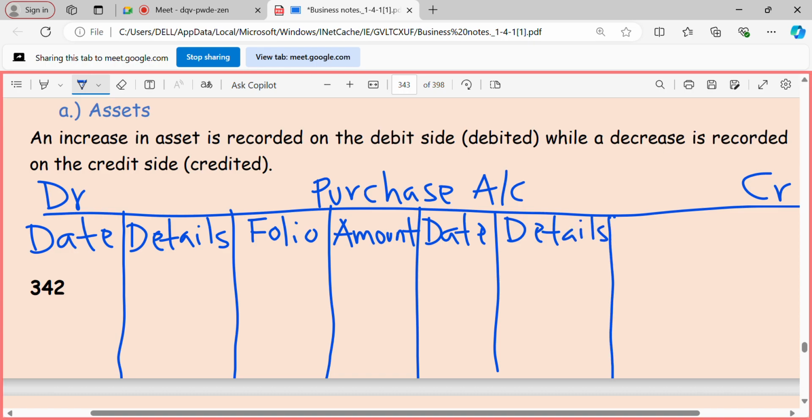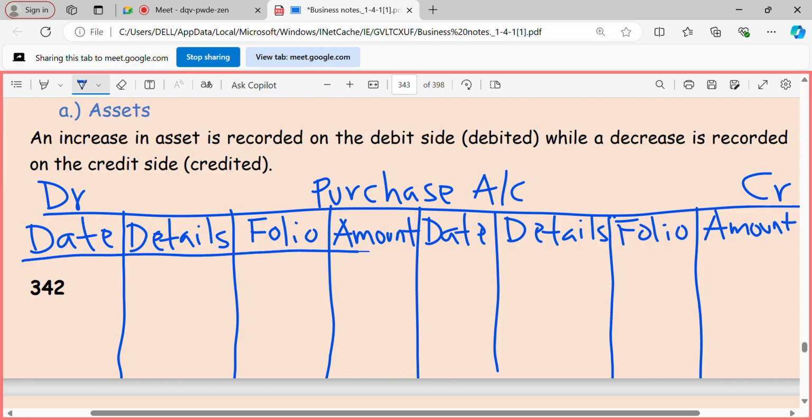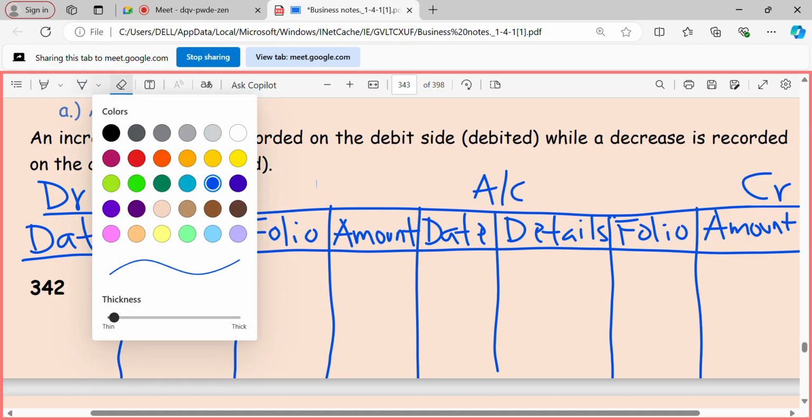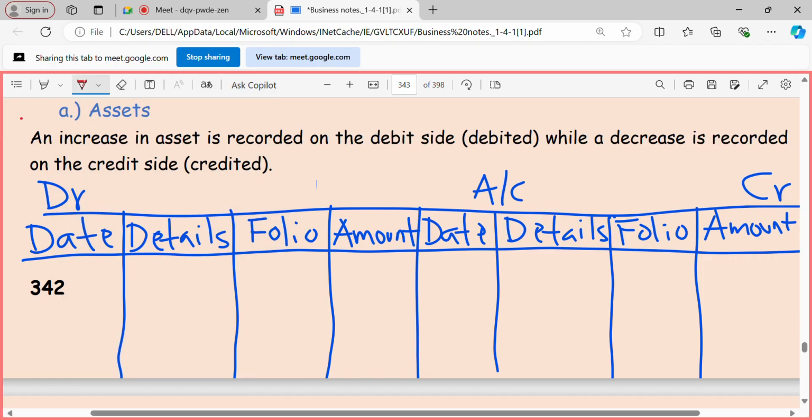You have the details. Then after the details, you have what? You have the folio and amount. Yeah, so that is the format for ledger.